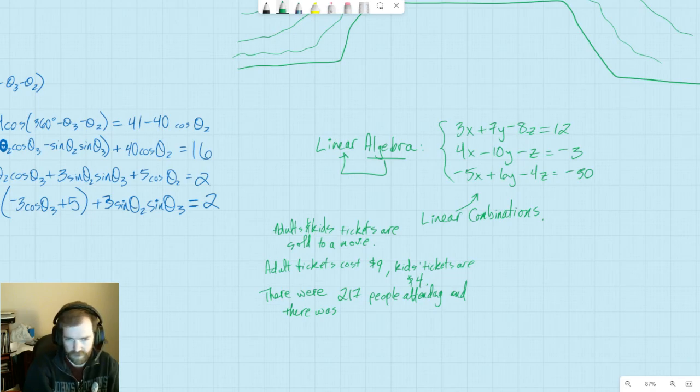Let's see, $9 times the number of adults, plus $4 times the number of kids.